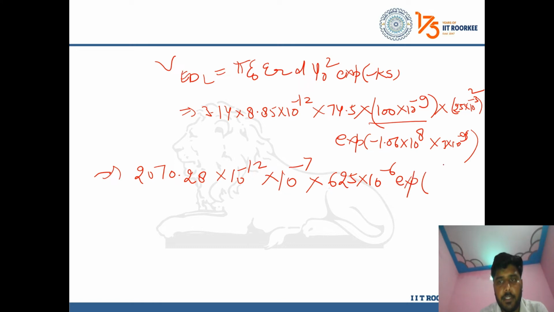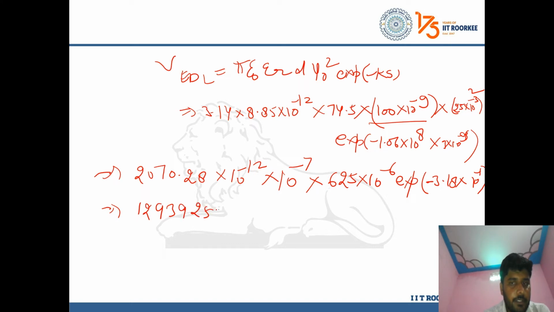An exponential minus 3.18 into 10 raised to minus 1. 2070.2625, that you were getting 1.93925 into 10 raised to minus 25.